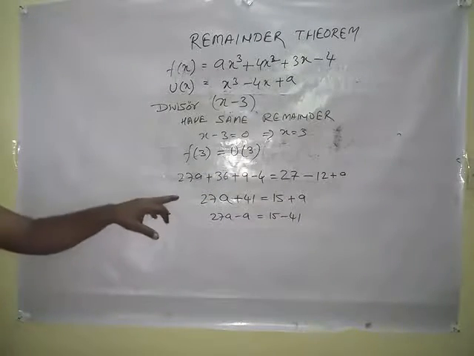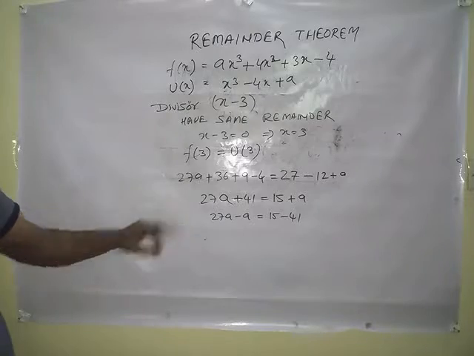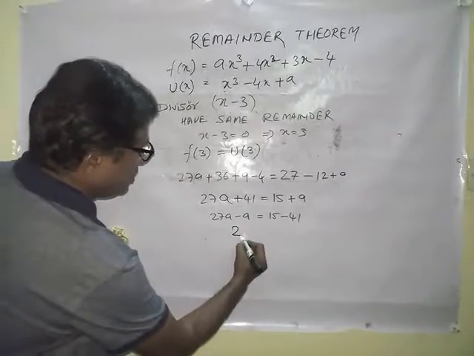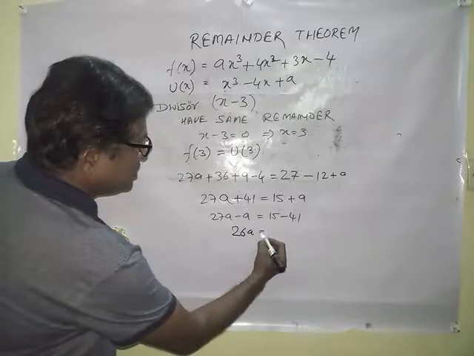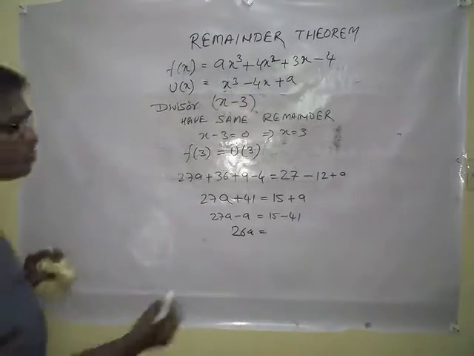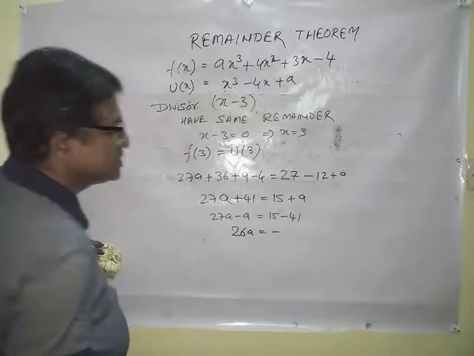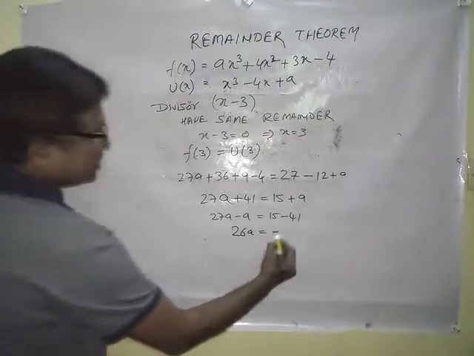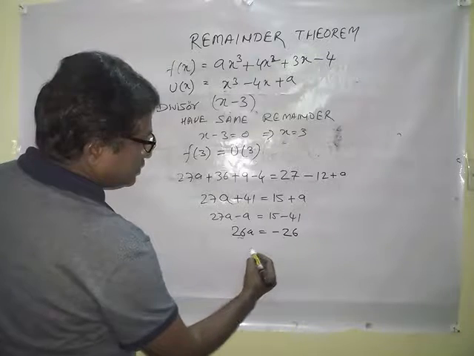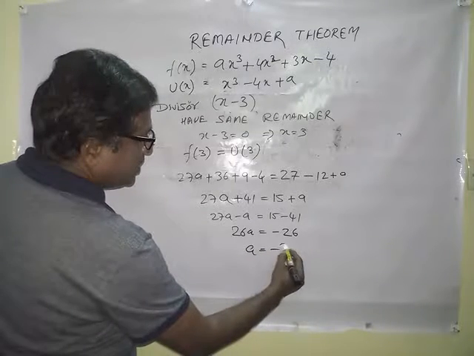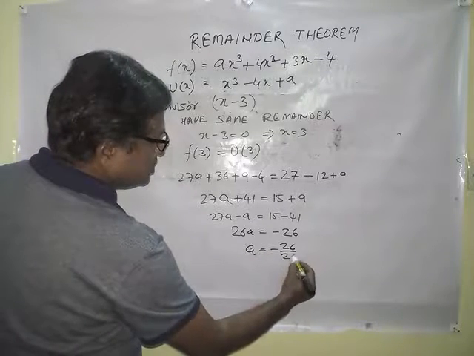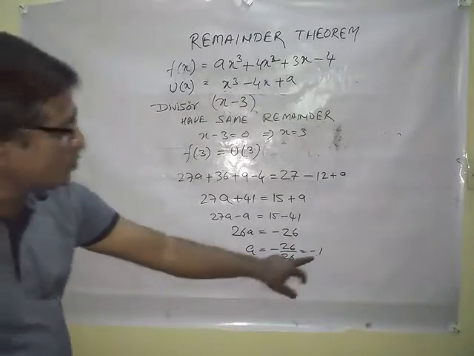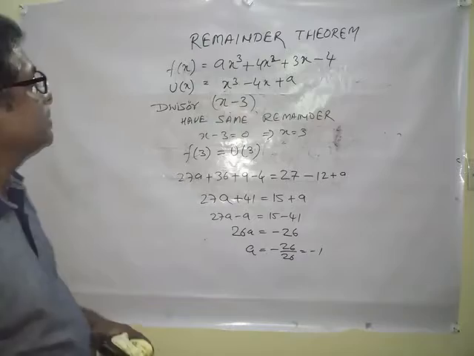Okay, this is 26a, sorry, 26a is equal to minus 26. So a is equal to minus 26 upon 26 equal to minus 1. So that is how you find out the value of a here.